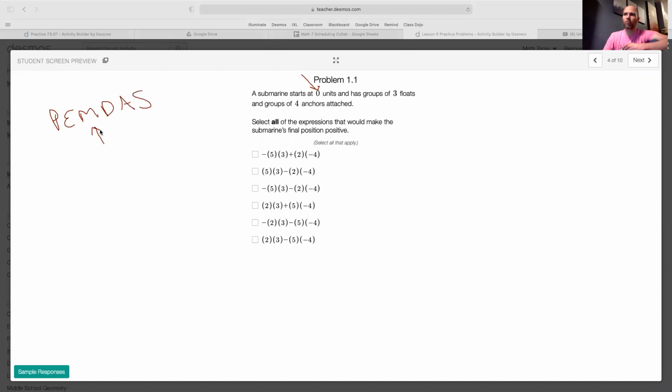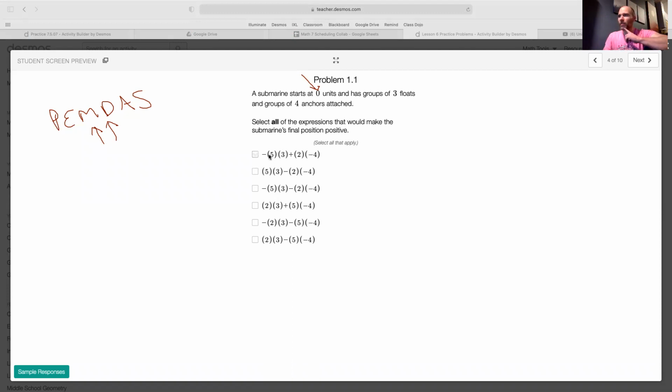Right here we've got multiplication and division, and those both come before addition and subtraction. So what that means for us is that in every single one of these, when we evaluate them, which means to figure out what they equal, we have to do all of the multiplications first. That's what it means when 2 numbers are up against each other in parentheses. It's another way of writing, let's multiply them. So we do multiplication first, and then the addition or subtraction that's in the middle, that's last.